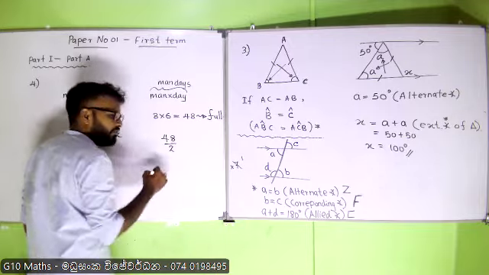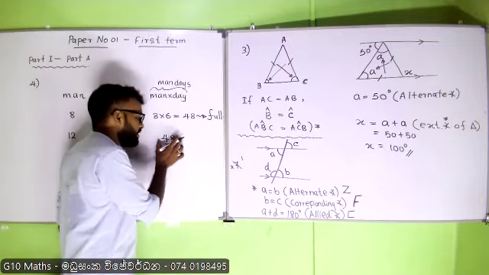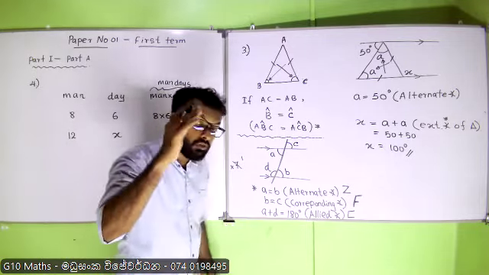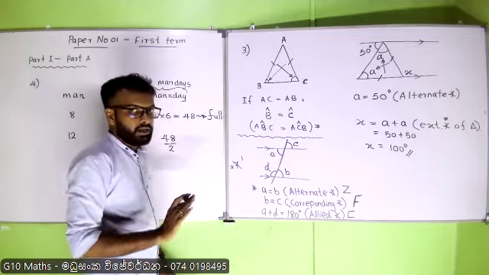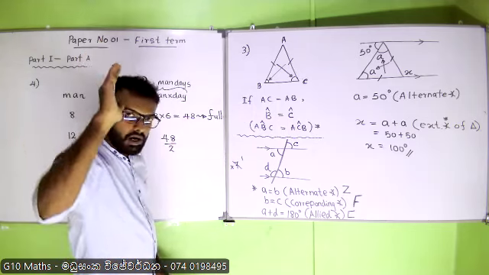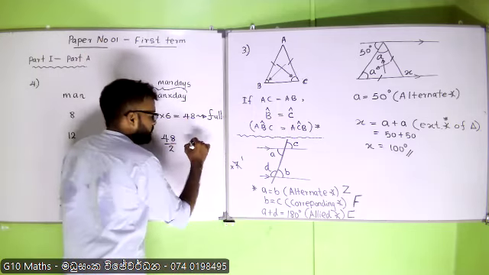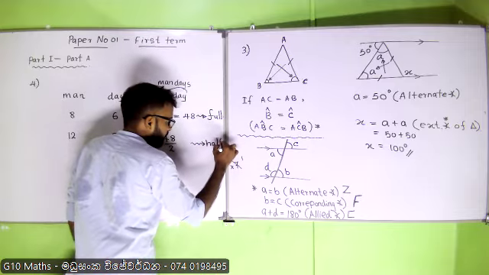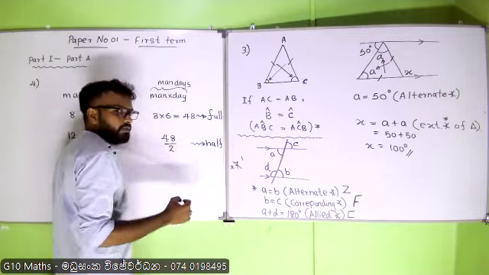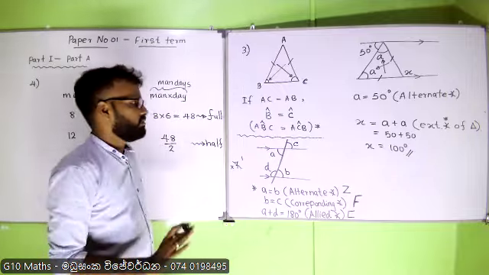Or you can write 24 at once, but I have written 48 divided by 2 so that you can understand. So, this is your half. No need to write full and half; that is for your understanding.